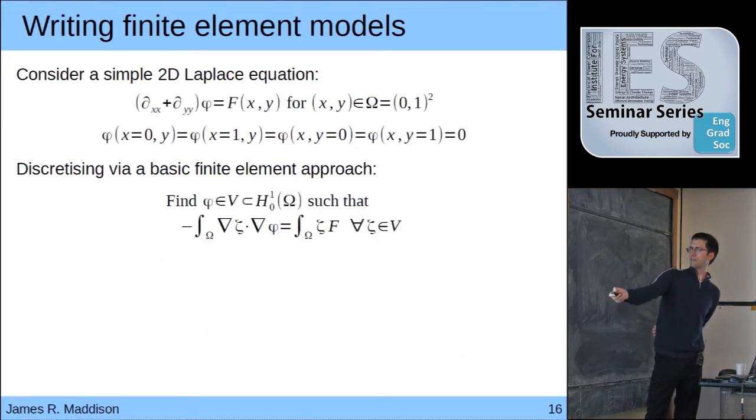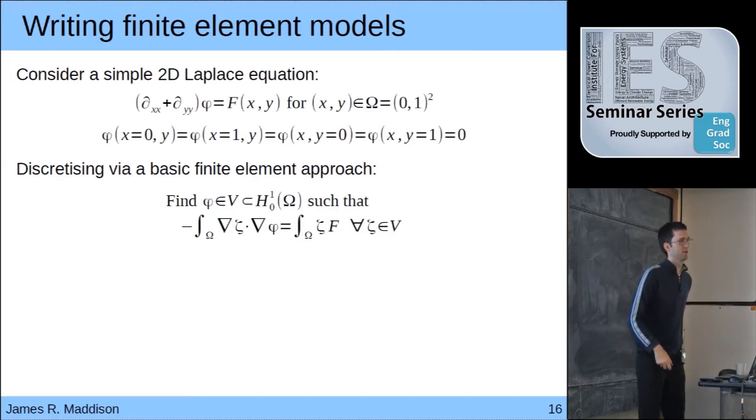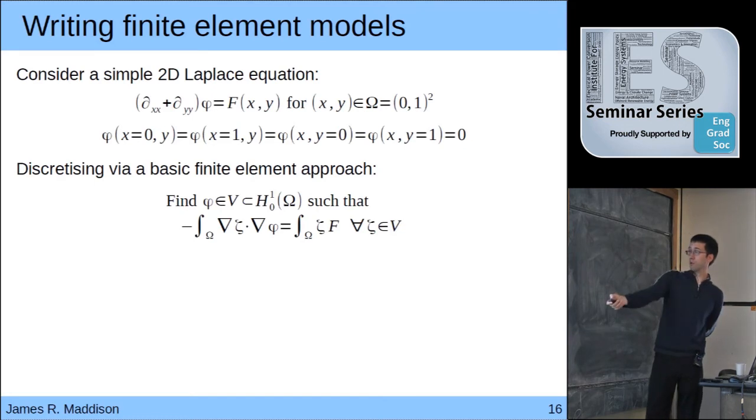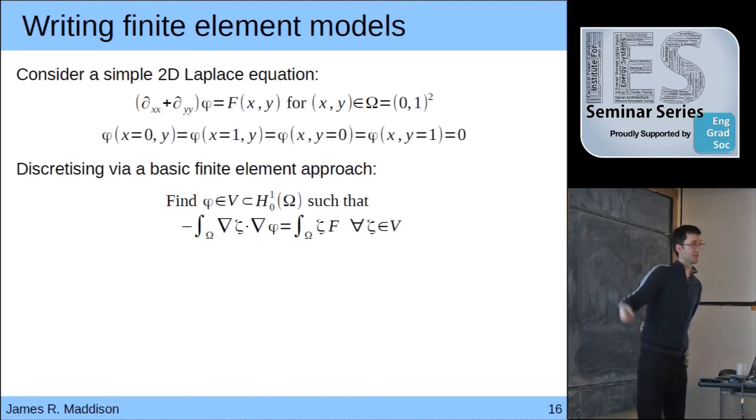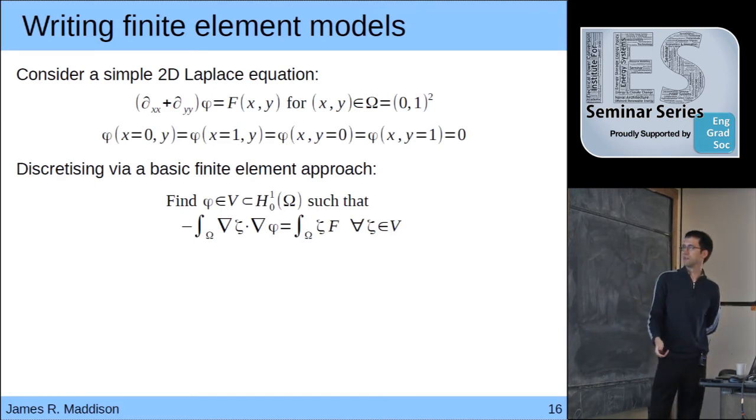So what we're saying is let's find something which is, say, piecewise linear or piecewise quadratic or some other function, as long as it's got the right properties, such that all these integrals look the same when we drop in a particular type of function for zeta here. That's how it works. So it boils down to being able to compute the integrals. That's how you actually solve the discretization.